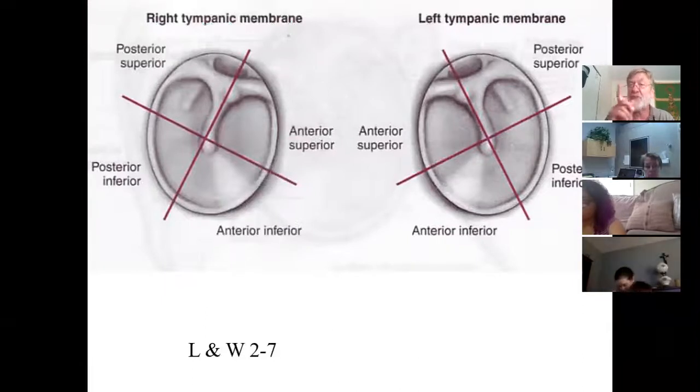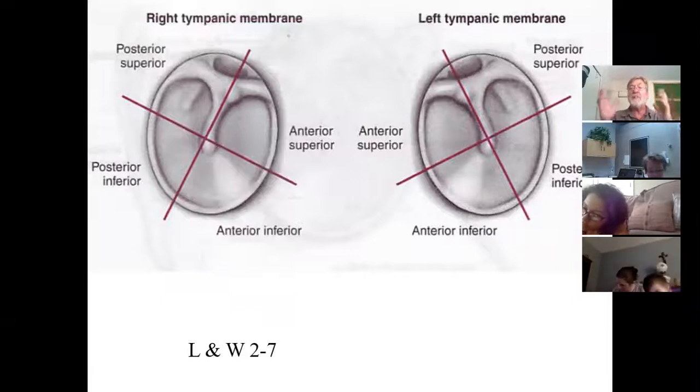It's the reflection of light off of the eardrum. When you look in a person's right ear, that cone of light will be at 5 o'clock. When you look in someone's left ear, that cone of light will be at 7 o'clock. Just FYI, this is a quizzable item. Remember that. Cone of light isn't real.